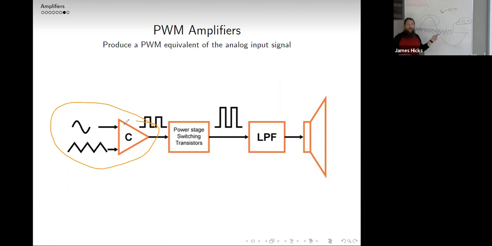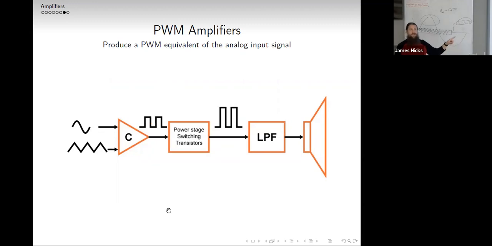What we compare to our input signal that we want to amplify is a much higher frequency triangular wave. That's this guy. It's a triangular wave that I'm going to compare with my input signal. Once I do that, I've got the digital signal. That goes to a power stage of switching transistors.